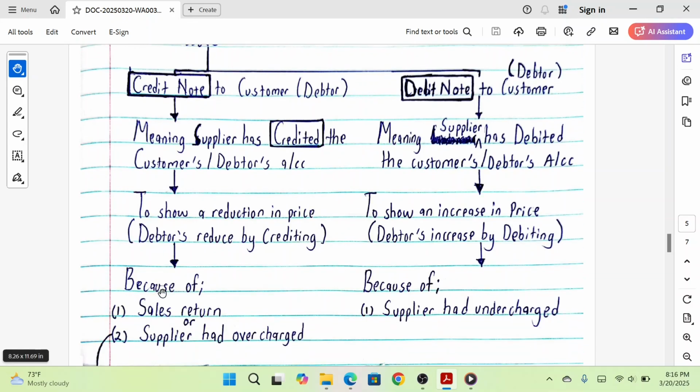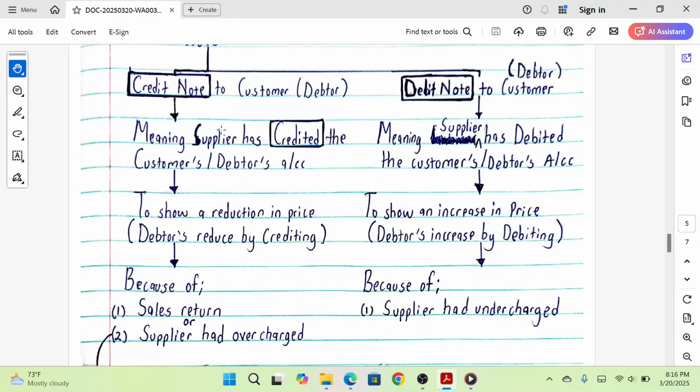That is because there was a sales return, because this customer returned goods back to him or her. So to show a reduction in that price, they're going to issue a credit note, which will show a reduction in price, and we know that debtors are reduced by crediting.